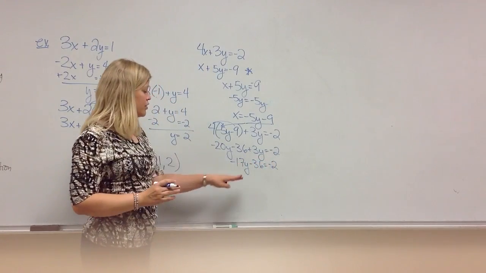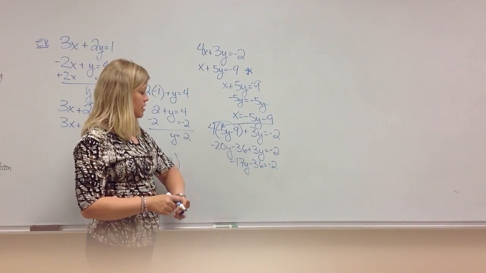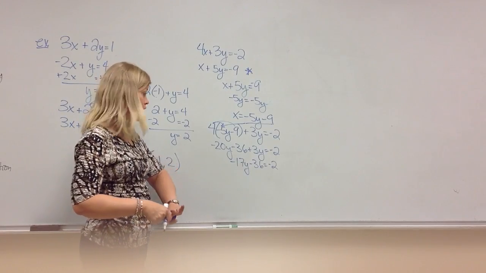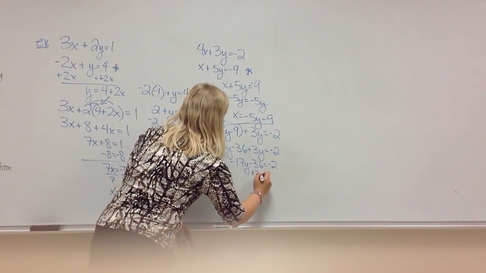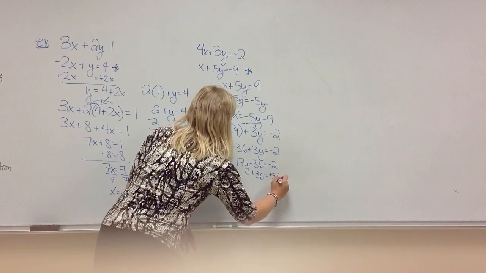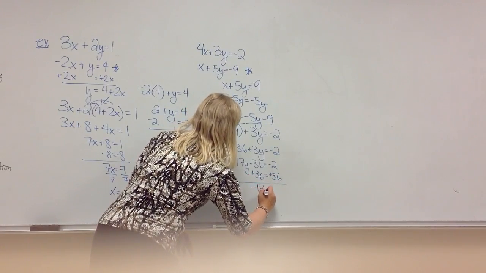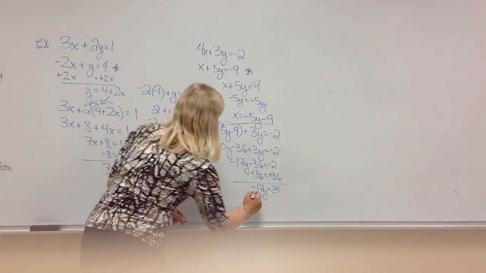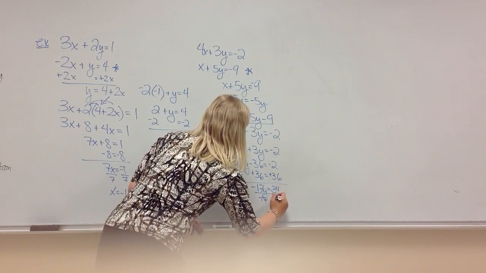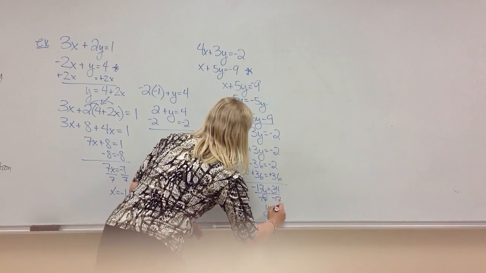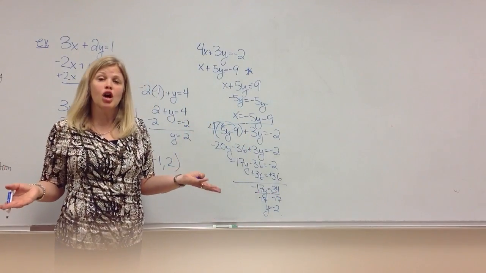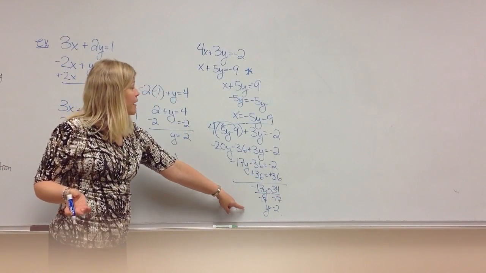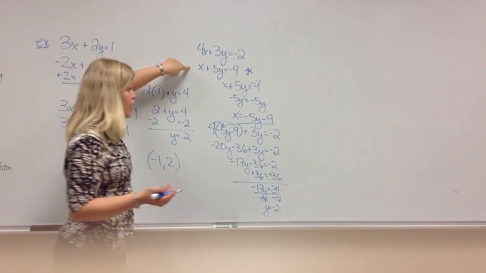Now, what do you get rid of next, the negative 17 or the negative 36? Do you know that it's the 36? So we're going to add that, and we get negative 17y equals 34. What do you do next? Divide by negative 17, and you get y equals negative 2. So we've solved it. Now we're going to put that back into our original equation.